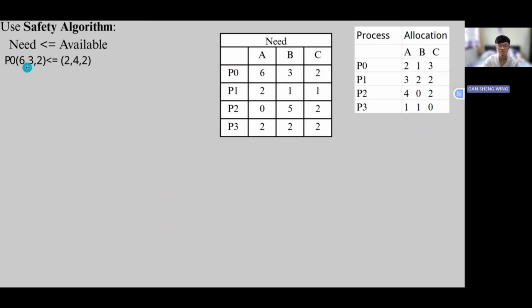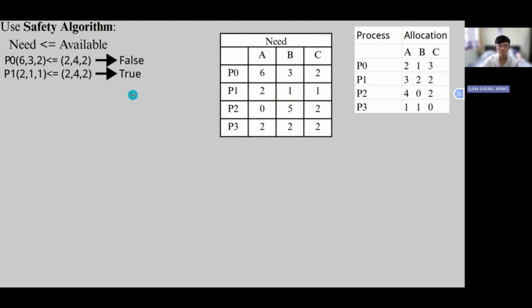So 6 is not less than 2, so this is false. Now we move on to P1. The need of P1 is 211. 2 equals 2, 1 is less than 4, 1 is less than 2. So this is true.